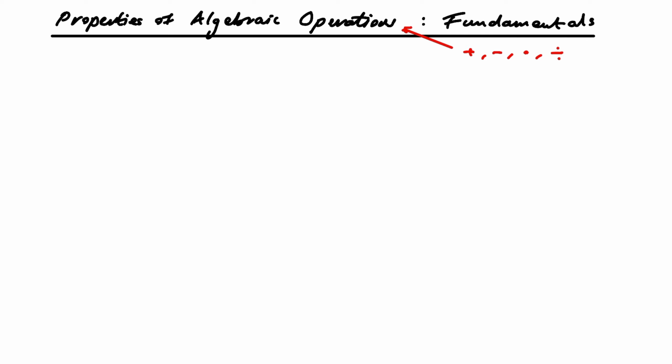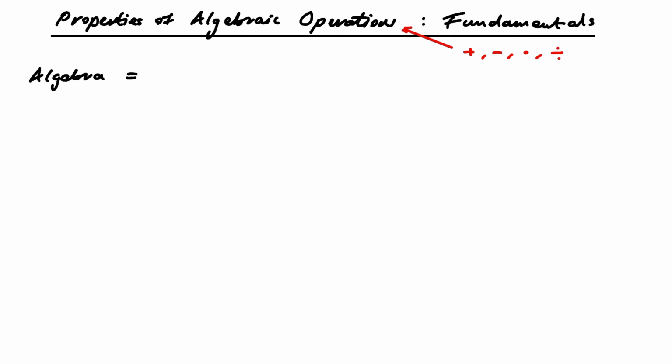Okay, so really what we want to understand is the properties of these. So what do I mean by properties? Well, properties are things that are true for all numbers, essentially. And really, a nice way of thinking about algebra itself is the following.